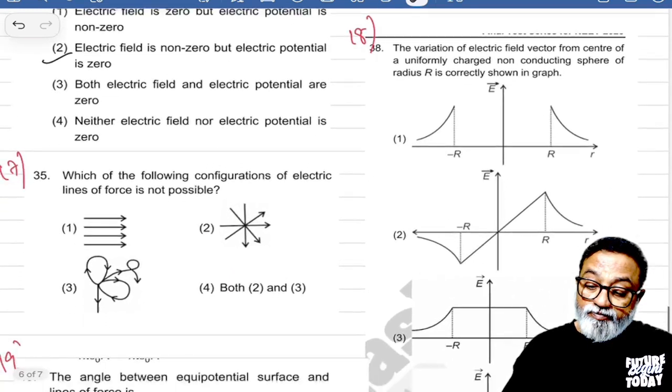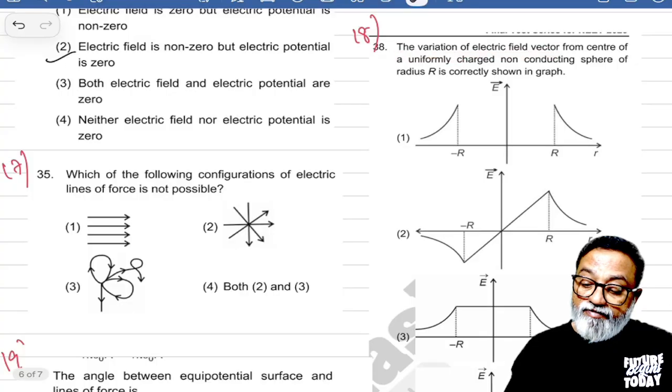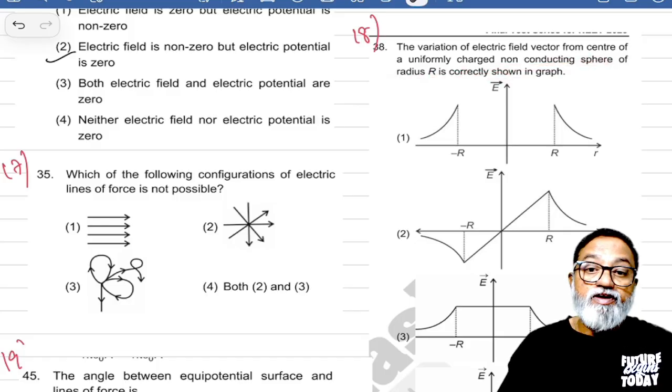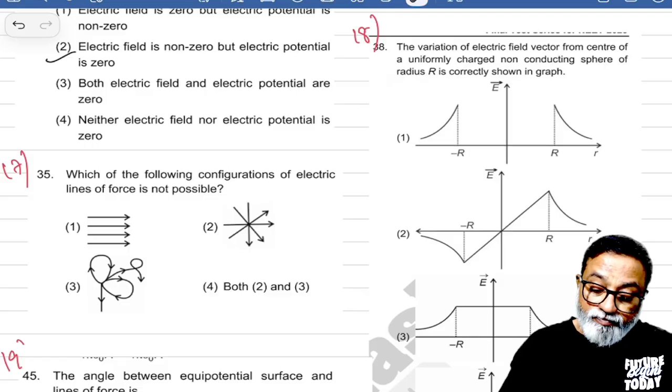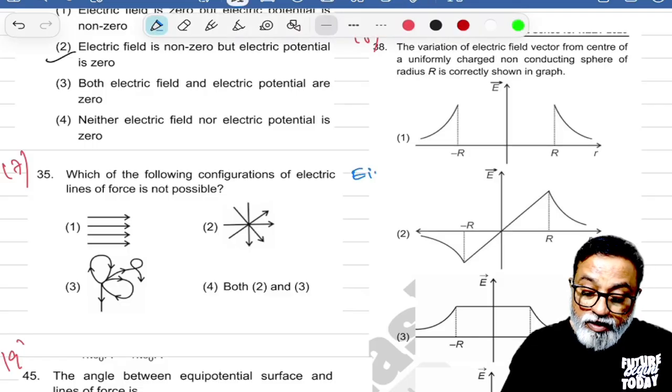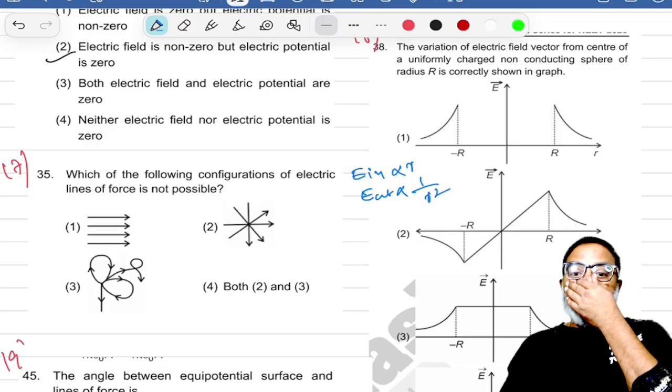Next one. The variation of electric field vector from the center of a uniformly charged non-conducting sphere of radius r is correctly shown. For a non-conducting sphere, E inside is proportional to r, E outside is proportional to 1 by r square.